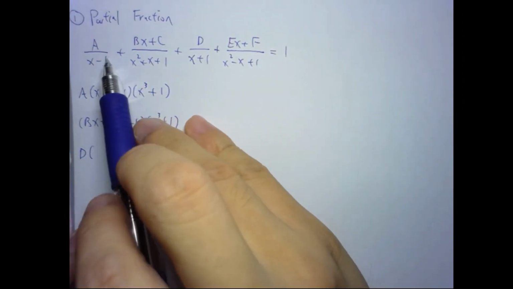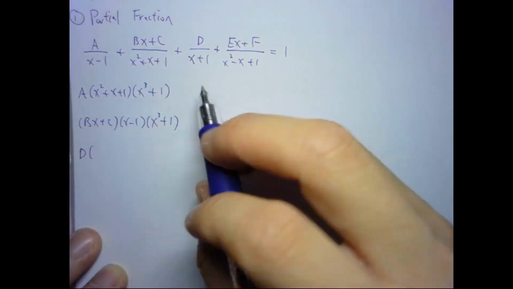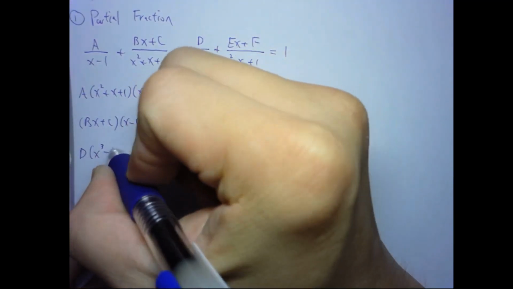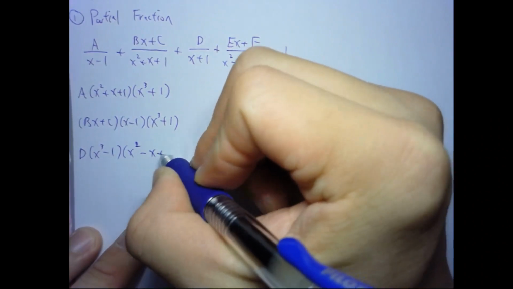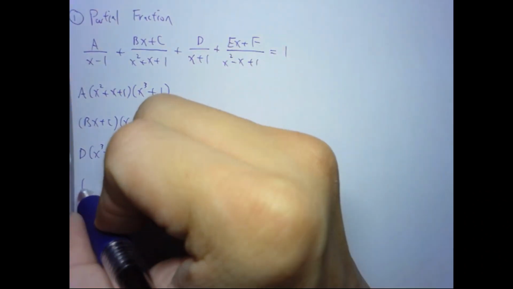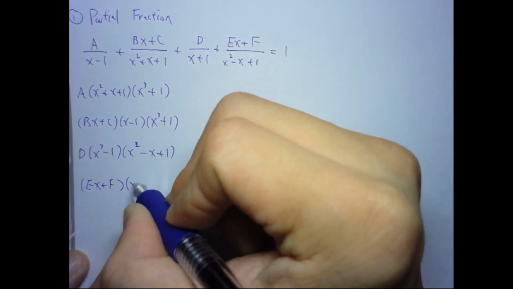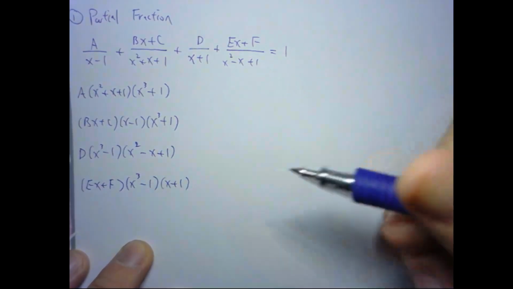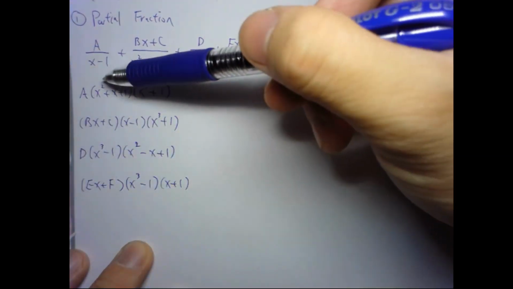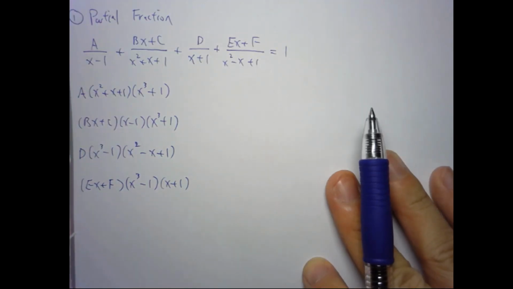The third one, we need to multiply the first 2 denominators, which is x cubed minus 1. So I will combine it like this. x squared minus x plus 1. And then for the last term, it's like the second term. I will just write down x cubed minus 1 and then x plus 1. So there are 4 terms.